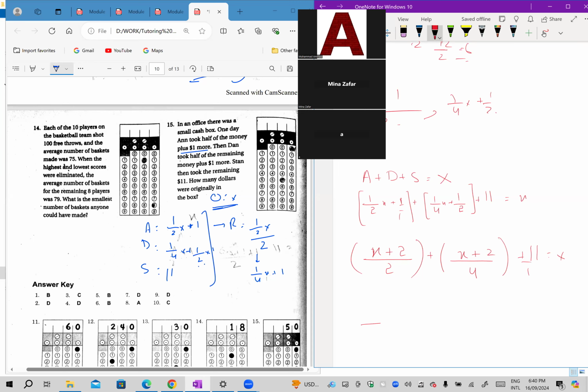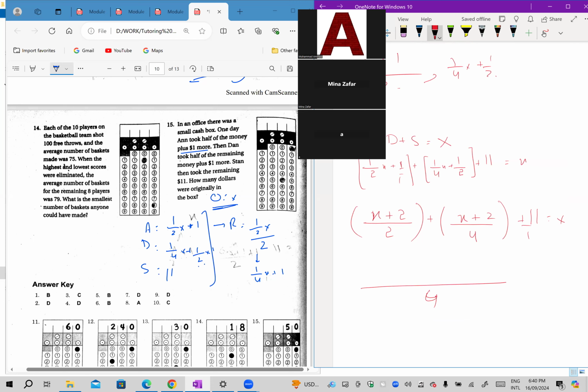Taking the LCM, which is 4: 2x plus 4 plus x plus 2 plus 44 is equal to 4x.